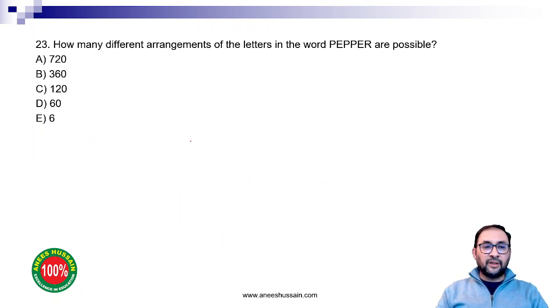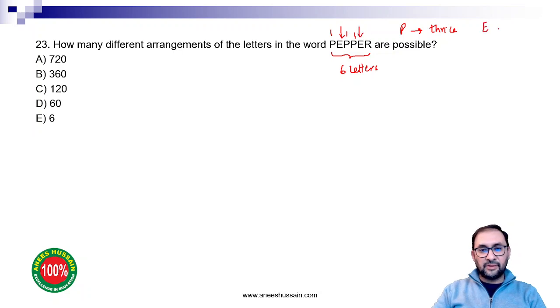Question number 23. How many different arrangements of the letters in the word pepper are possible? Now we have 6 letters, but it's visible that some of these letters are repeating. For example, P occurs 3 times, and E occurs twice.